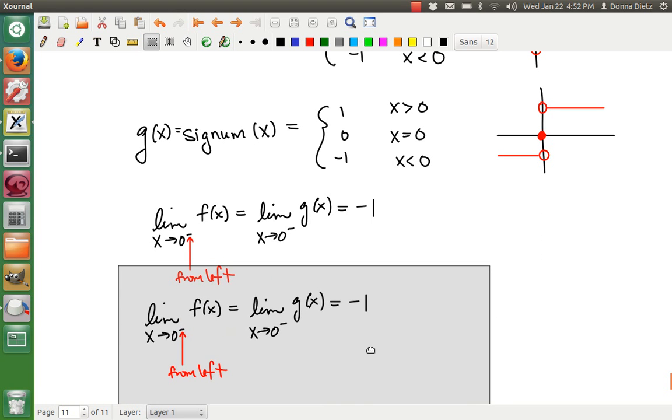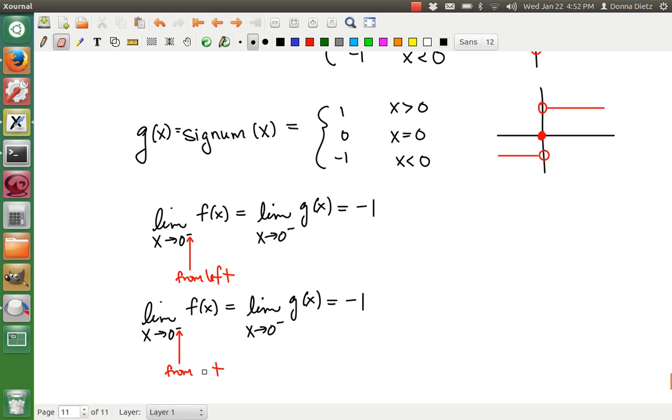This is going to be from the right. I'm going to just change this to a plus. It's coming from this direction, and it means it's going to the value +1. So if the limits from the right and the left disagree, the limit itself does not exist. But if the limits from all directions agree, then the limit itself exists.